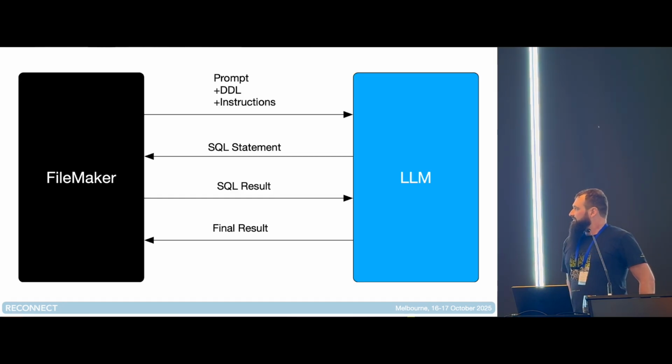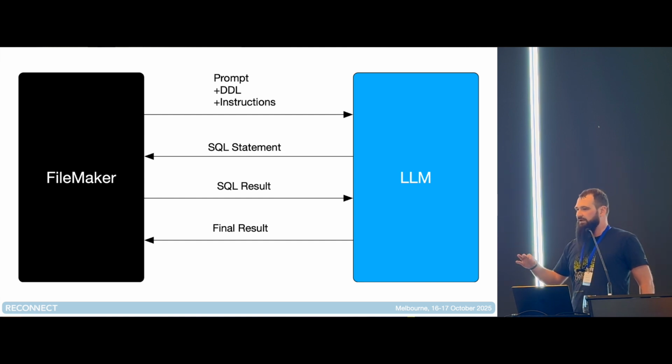So how's that script step interacting with the large language model? As I say, there was this back and forth with the SQL statements, but the primary thing it does is send your prompt through, that's your question. It sends the DDL through, that's the database schema for all the tables that you want to access, and it sends these instructions through.